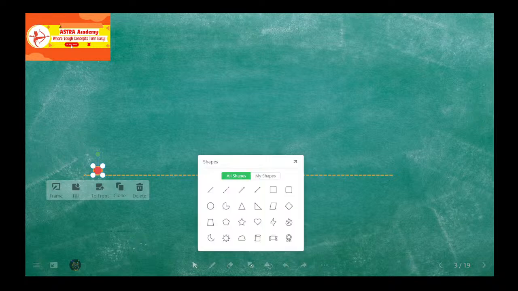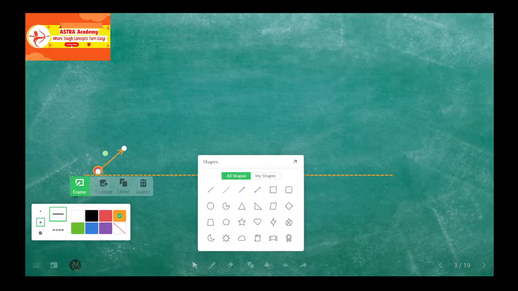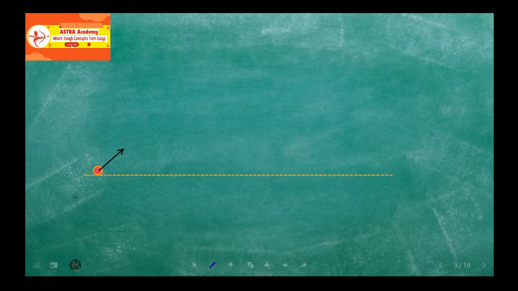I am giving it a velocity of, suppose, 100 meter per second, and the angle is 53 degree.